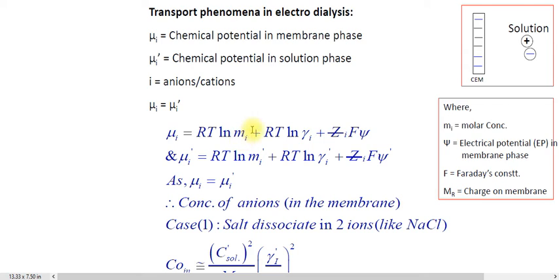Here this part represents the chemical potential due to the concentration difference, and this part represents the chemical potential due to the electrical potential, or electrical driving force. You need not remember this formula, this is just for your knowledge.